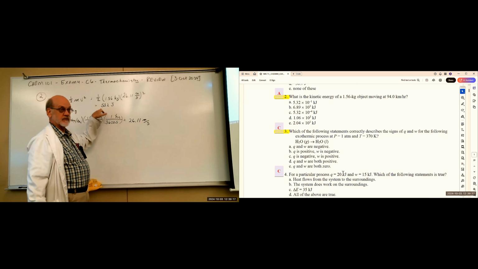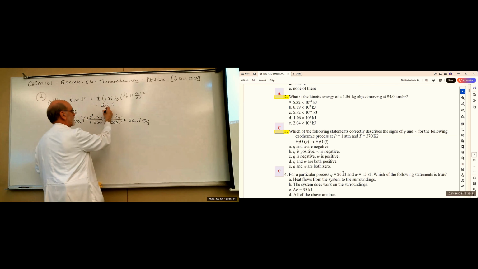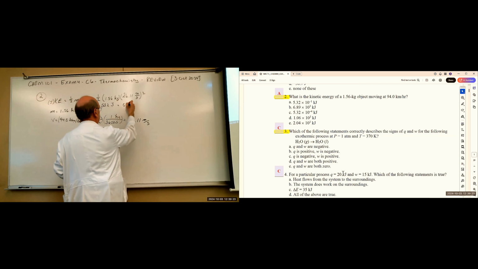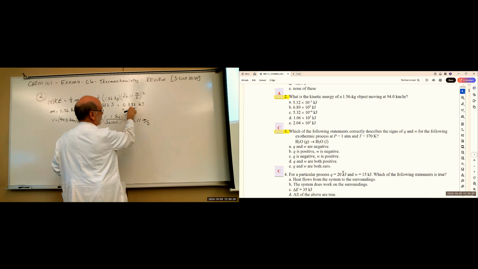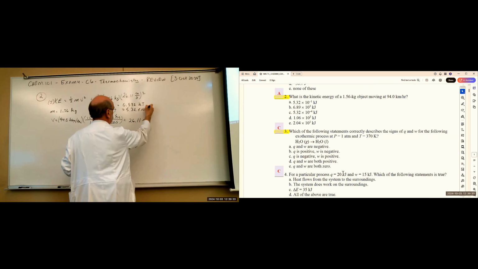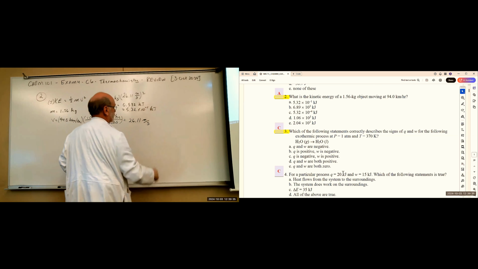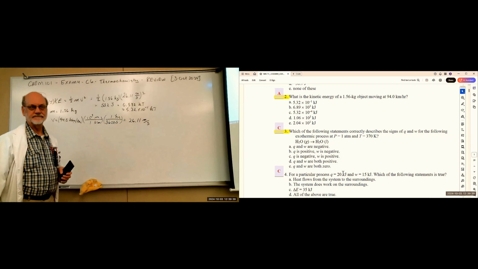So that means we got to move to the left 3 places. 1, 2, 3 places would be 0.532 kilojoules, but it's in scientific notation. So we got to move it over here. 5.32 times 10 to the minus 1 kilojoules. That should be up there somewhere. A.